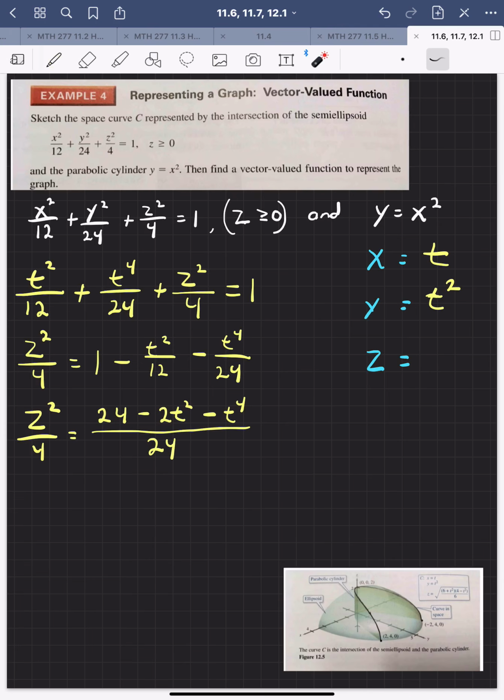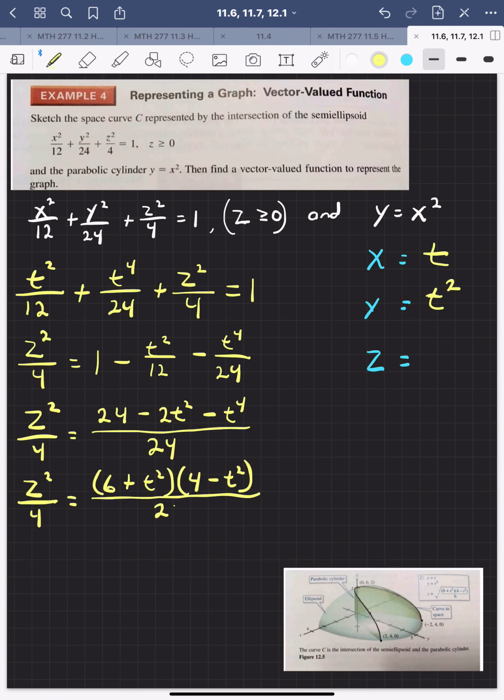So I am going to multiply by 4 in just a second, but I'm going to go ahead and factor this. This is just my game plan. You may have done it slightly differently, and that's okay. But if I factor that numerator, I would have 6 plus t squared multiplied by 4 minus t squared over 24.